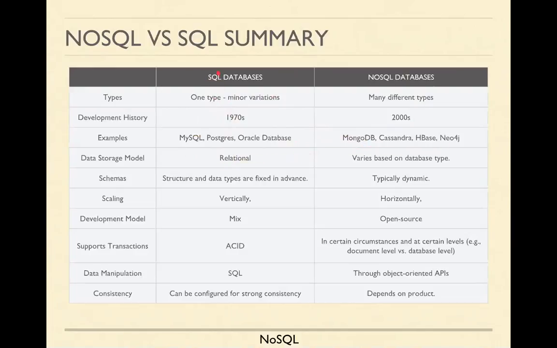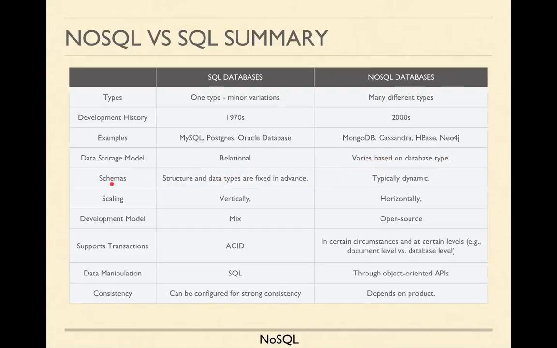And the model: all of these SQL databases follow the relational model. There is a paper by Codd, and most relational databases are modeled around Codd's theorem. But in the case of NoSQL, it varies. There are different kinds of databases and data stores.